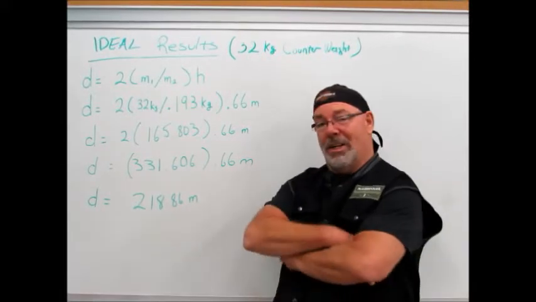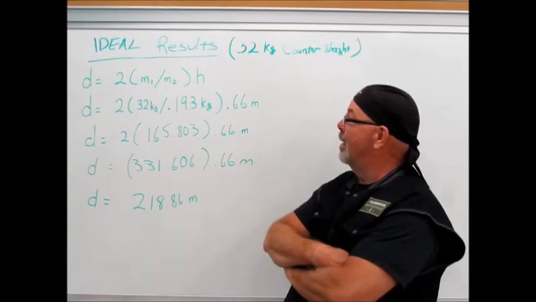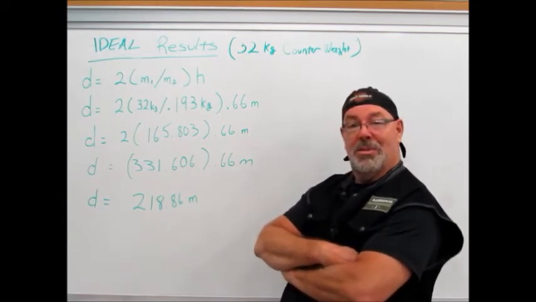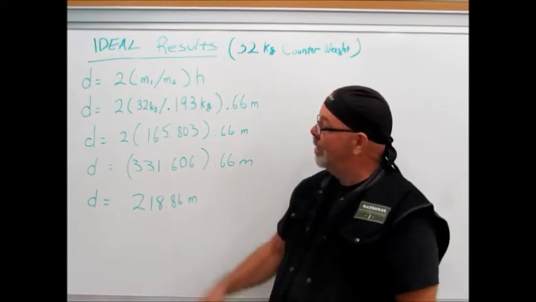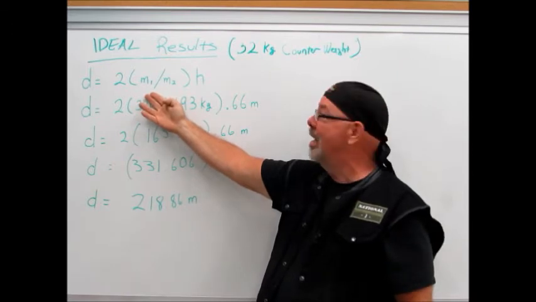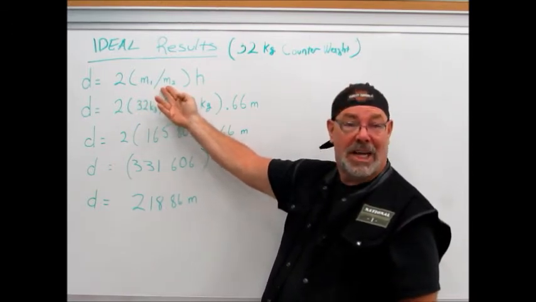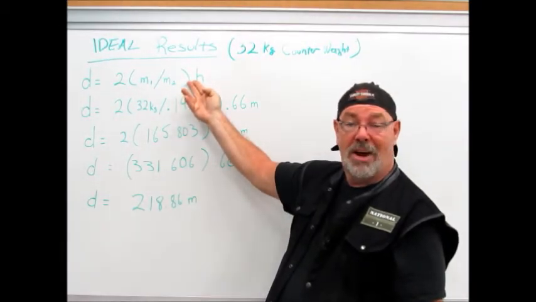For our ideal results using a 32 kilogram counterweight, we can calculate what distance we should get from a trebuchet if everything is working well. The distance should equal 2 times mass 1, the mass of the counterweight, divided by mass 2, the mass of the object thrown, times the height of the drop of the counterweight.